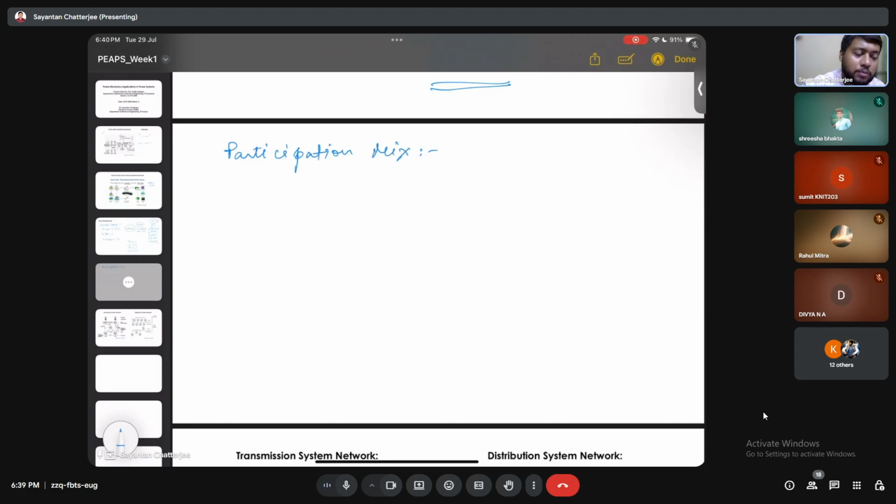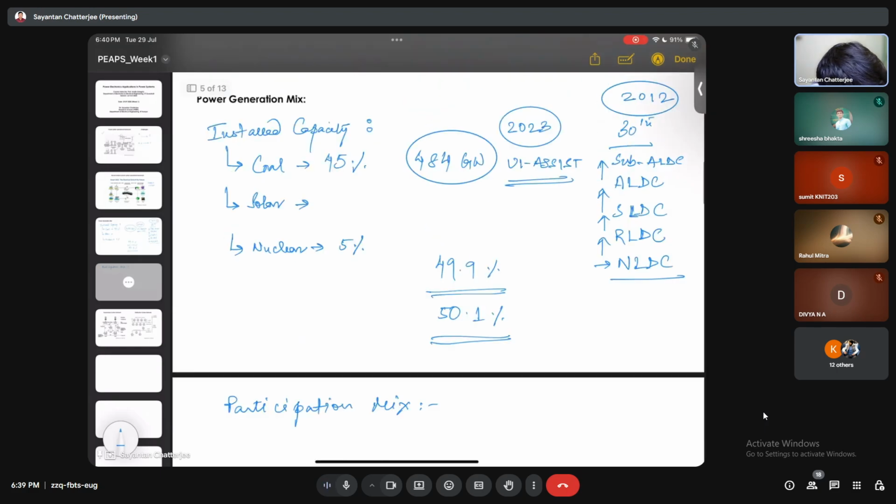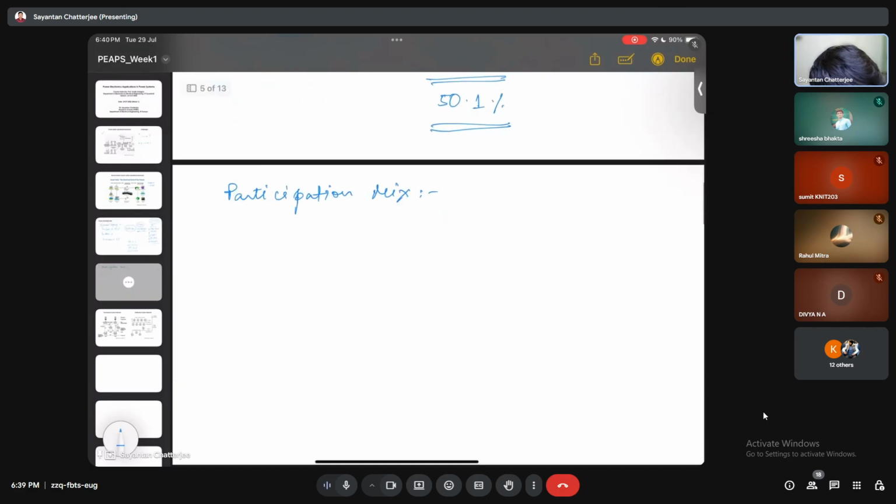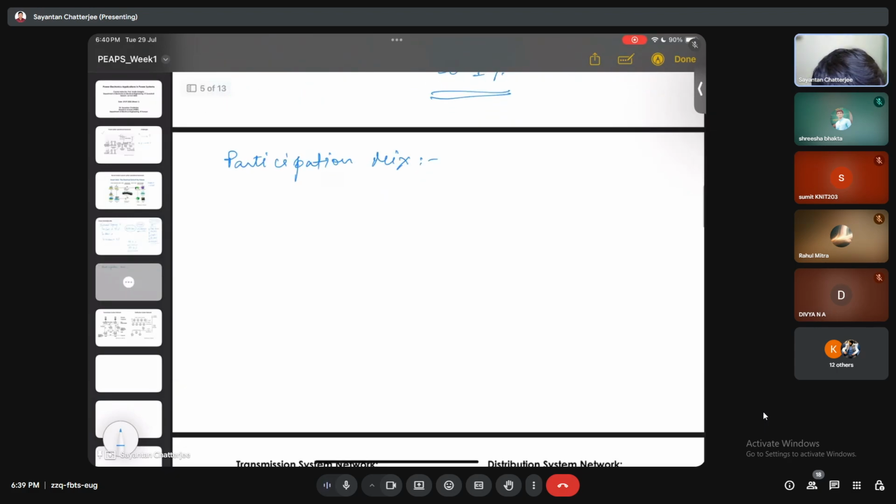So when it comes to participation mix, the coal that you have seen is around 45%. 45% of the coal delivers around 74 to 75% of the load at each instant of time. This is the average percentage share at every instant of time.